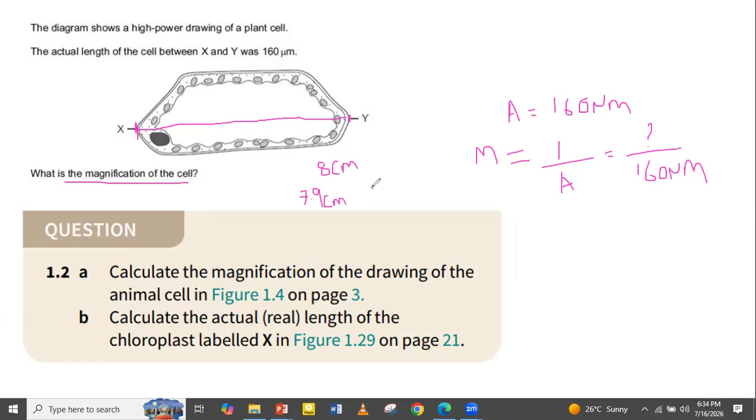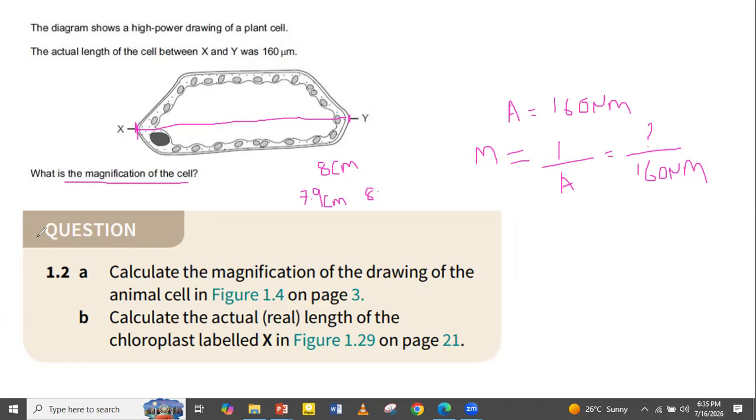Another person could have 8.1 centimeters. So it's a plus or minus 0.1 or a plus or minus 1, depending on the kind of measurement you're taking. So make sure that you're always within the range. Be as accurate as possible.